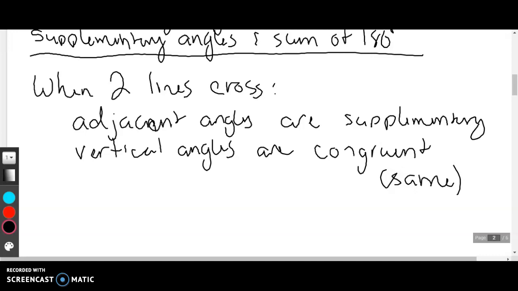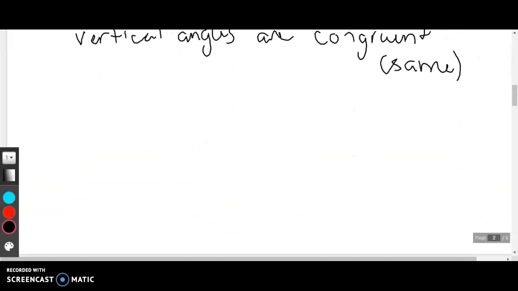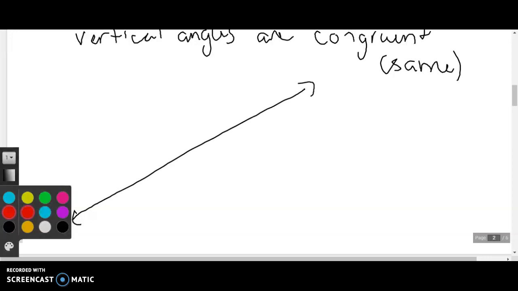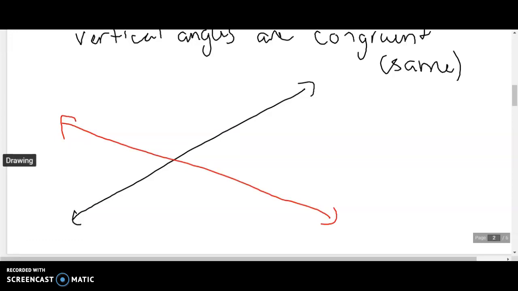Okay? So whenever I have two lines that are crossing each other, the reason why the adjacent angles are supplementary is because this angle is adjacent with this angle.